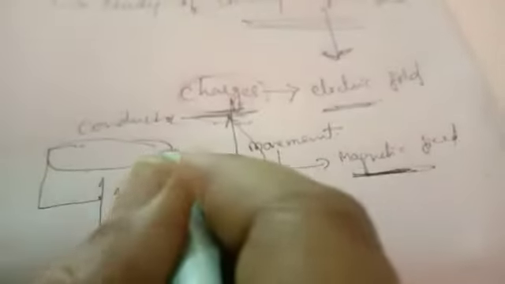Let us suppose we are considering a conductor, and we give it a supply. Let us consider a DC supply. Whenever we give a DC supply to a conductor, due to the positive plate, the electrons get attracted toward it, so there exists a movement of these charges.